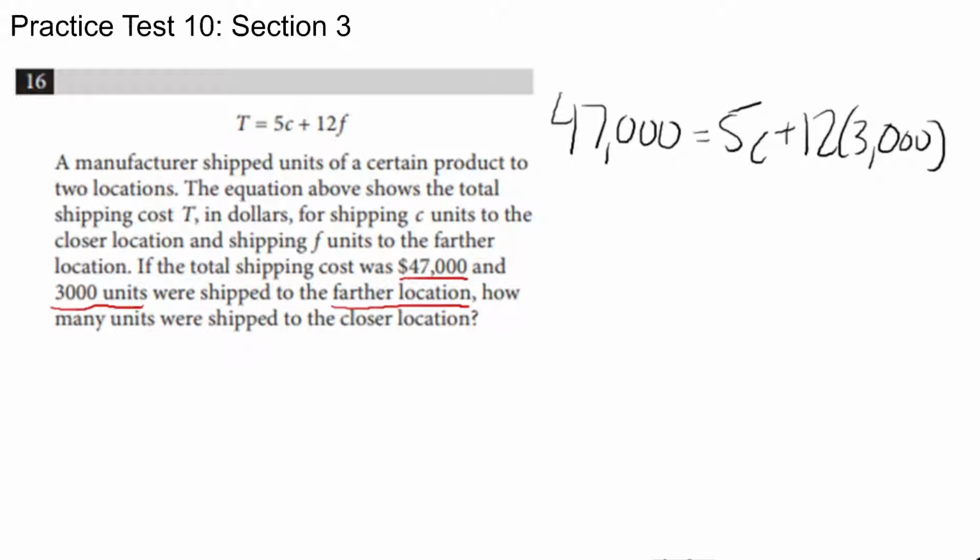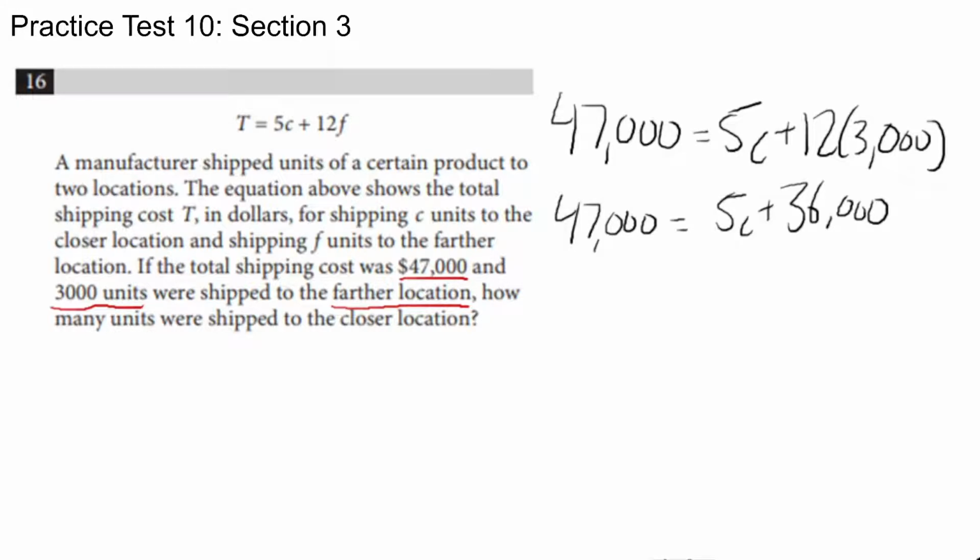And although these numbers might seem big and intimidating at first, I know 12 times 3 is 36. So 12 times 3,000 is going to give me 36,000. And if I fill in the rest of my equation, I have 47,000 is equal to 5C plus 36,000.